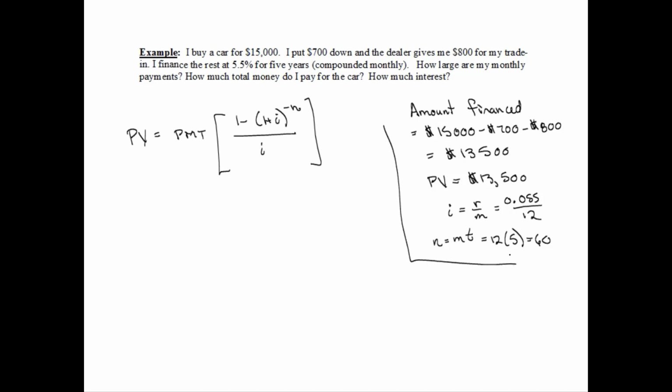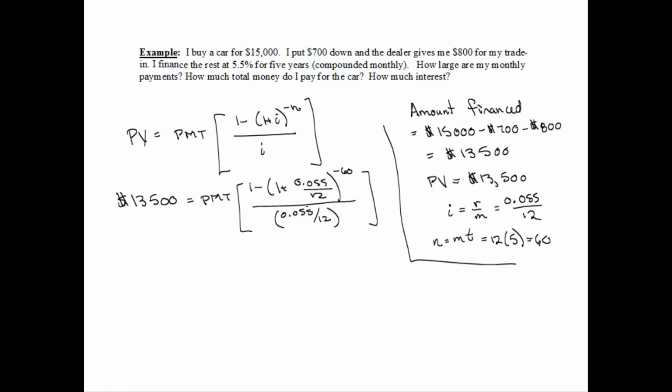We put all that into our formula, and we now have 13,500 is equal to my payment times 1 minus 1 plus 0.055 over 12, all to the negative 60, divided by that 0.055 over 12.